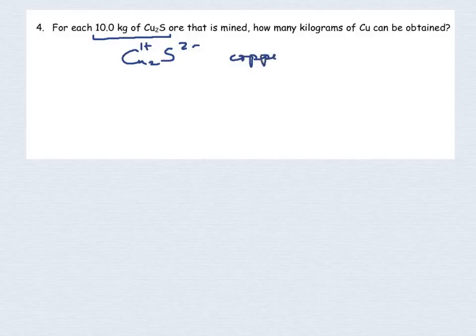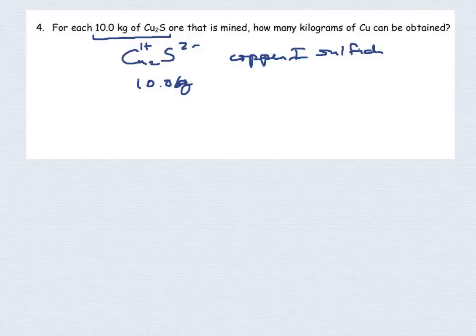So we have a compound, copper 1 sulfide, and we want to know how many kilograms of copper could we get out of that sample if it was 10 kilograms in total. So our job, first of all, is to find the mass of each of these atoms and do the mass in total.